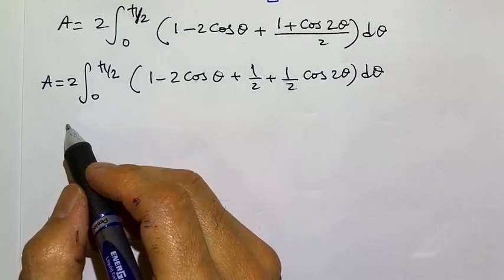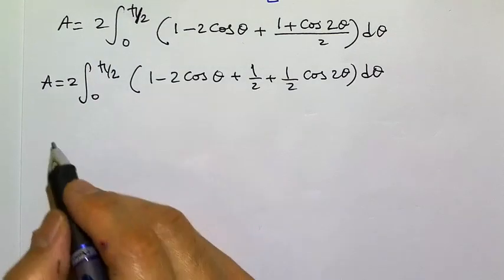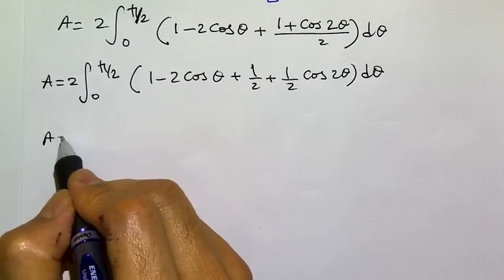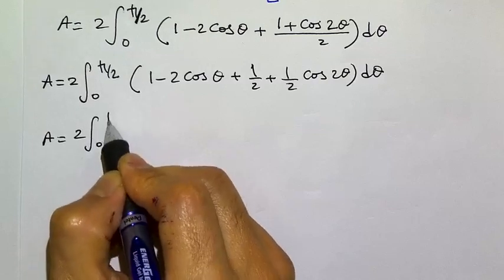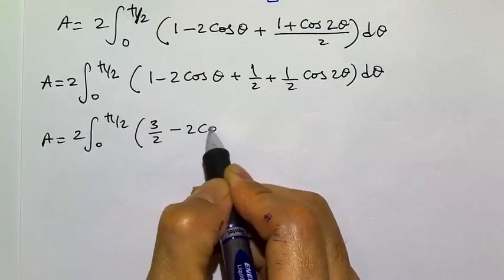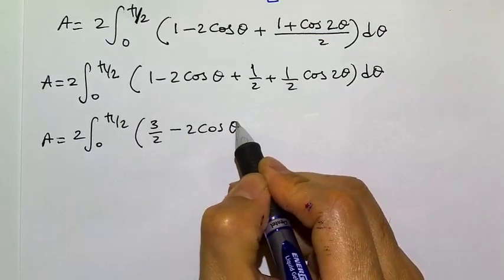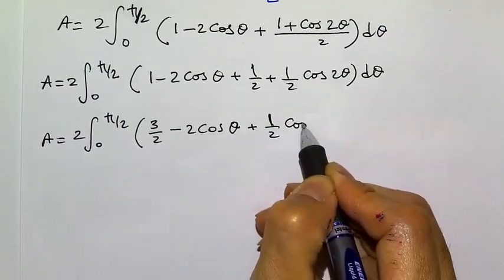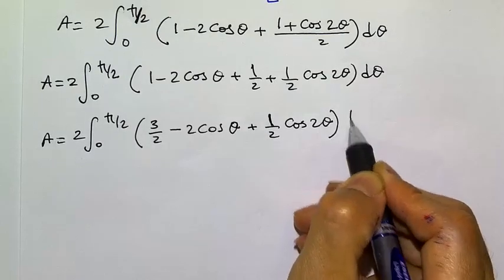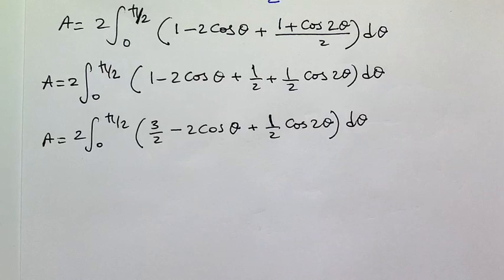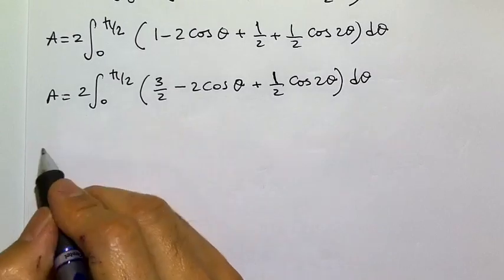So the area equals 2 times the integral of 3/2 minus 2 cosine theta plus 1/2 cosine 2 theta d theta. Okay, I'm just double checking to make sure everything is okay. Now we can integrate, of course.